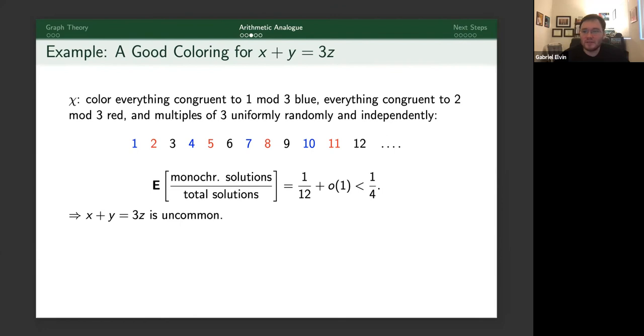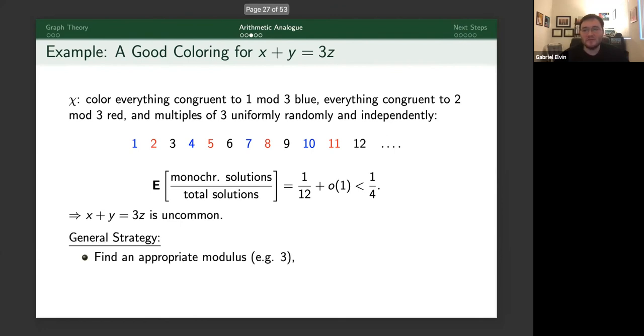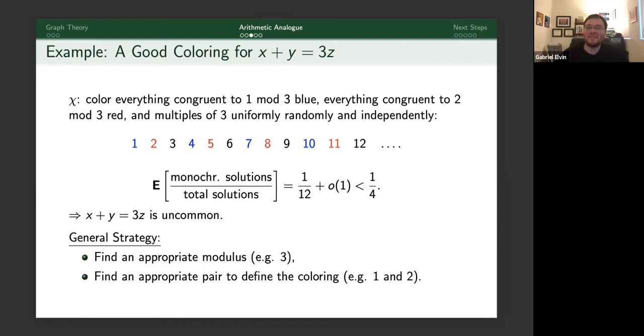And so this equation x plus y equals 3z is uncommon. To very roughly generalize this strategy, what you have to do in each case is find the appropriate modulus. Right here we did mod 3, and you have to find the appropriate pair to define the coloring.